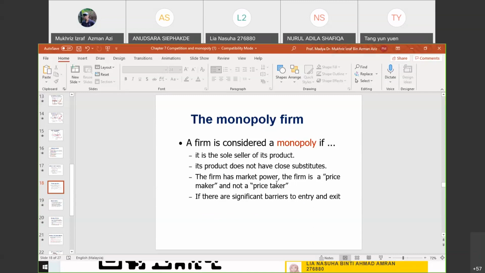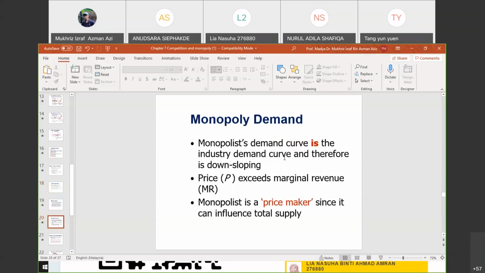Anyone can join, for example, Facebook marketplace, or do online business in Shopee or Lazada. As long as you have some products to sell, whether by dropship or your own, the startup cost or initial capital will be very low compared to a business in a monopoly market. So that is one thing.